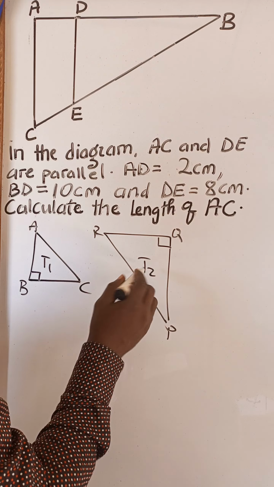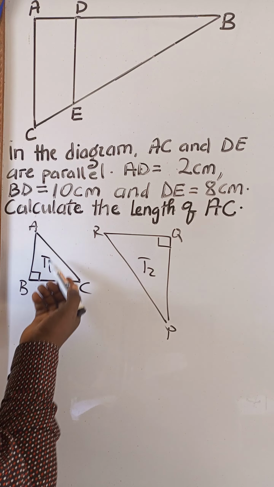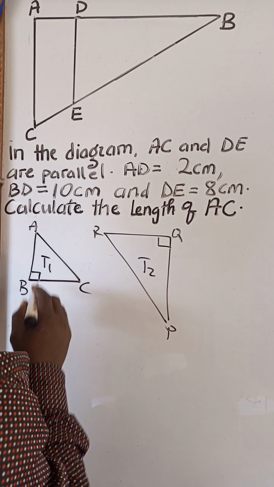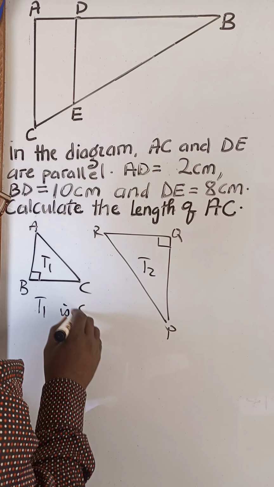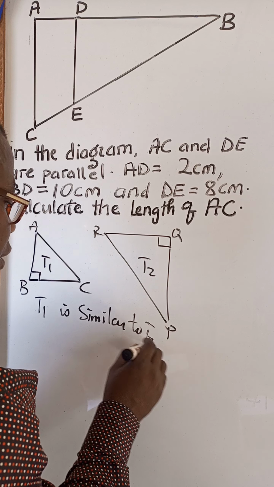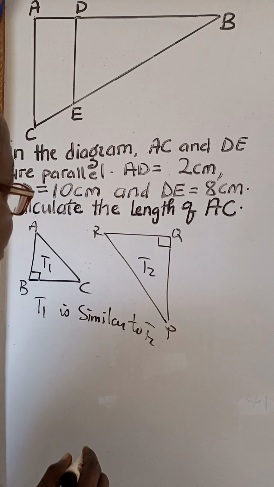Look at triangle T2, though it is larger, it is a right angle triangle. Look at triangle T1, though it is smaller, it is a right angle triangle. They all have the same shape. Therefore, T1 is similar to T2. If that is the case, then proportions of corresponding sides must be equal.